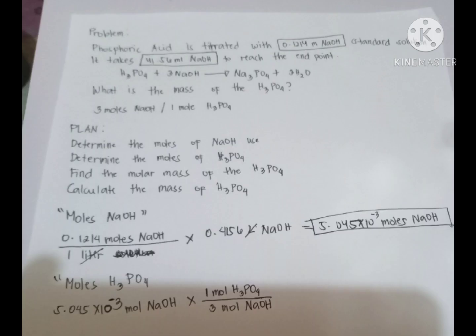Now, let's do the calculations for the moles of phosphoric acid. We know that there are 5.045 times 10 to the power of negative 3 moles of sodium hydroxide. We also know that there will be 1 mole of phosphoric acid and 3 moles of sodium hydroxide.